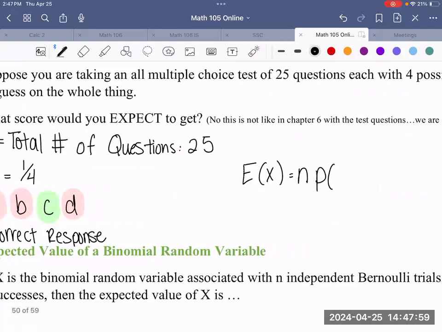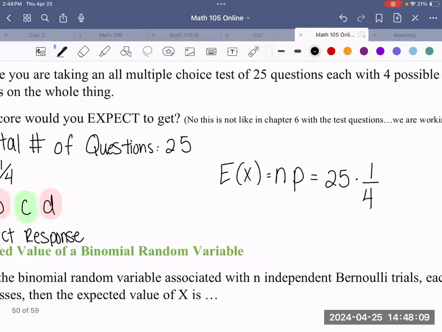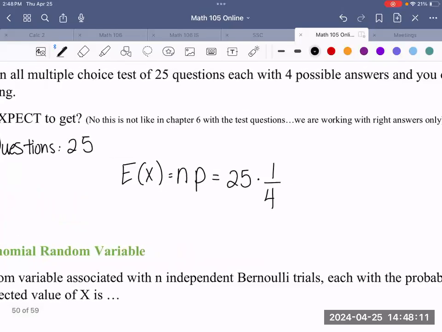I'll just put probability P, which means we have 25 questions times 1/4, the correct response, which means we have a total of 12.5. That is what our score would be, a 12.5.